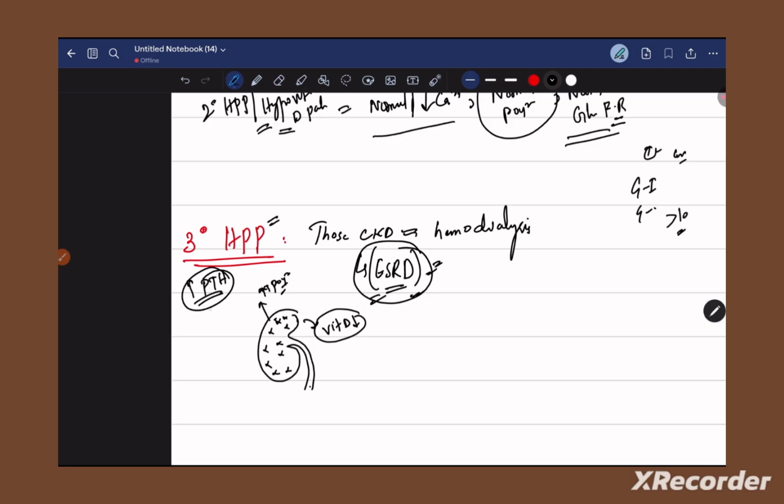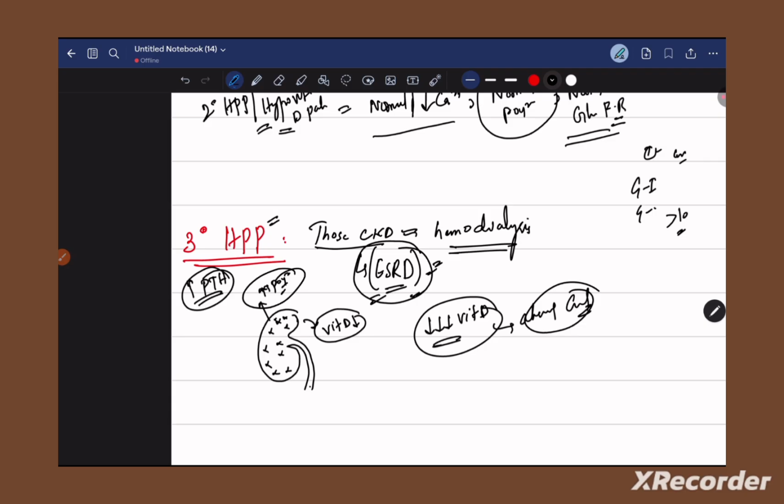In CKD patients, those kidneys are on hemodialysis, means kidneys are not working properly, means there will be decrease of vitamin D. Okay, so when there is decrease of vitamin D, it would not absorb the calcium from the gut. And there will be increased phosphates in the blood because it is not dumping phosphates in the urine.